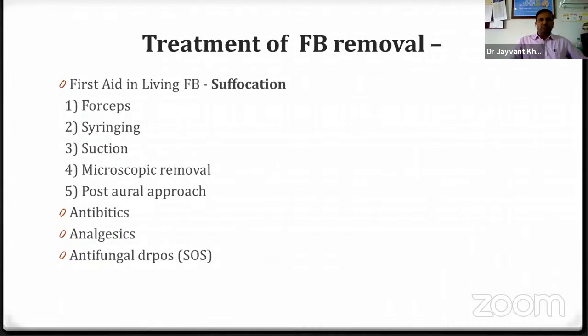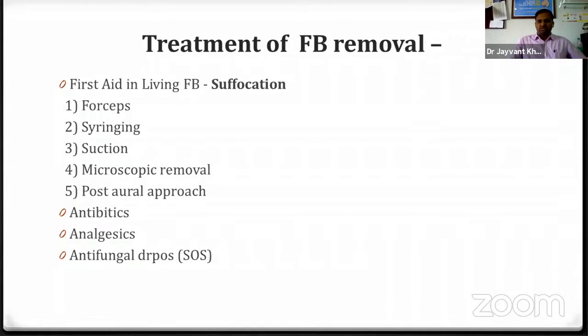What are the methods used for the foreign body removal? First, forceps. With the help of forceps, you can remove the foreign body.